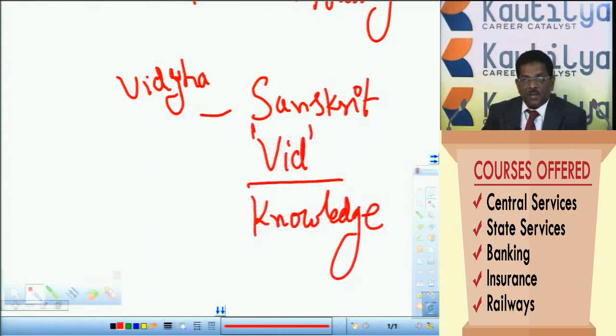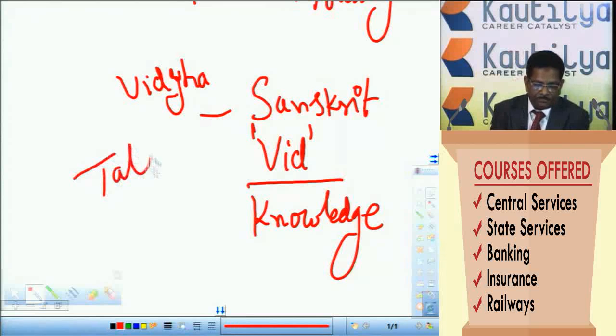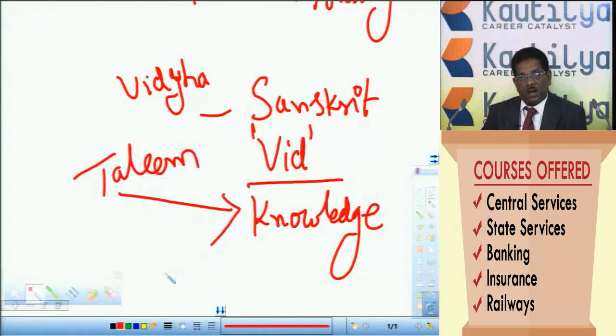In the same fashion, it is also believed that the word education has derived from a Persian word, talim, which also means the same, knowledge.